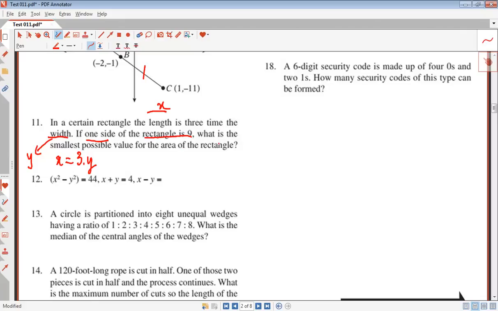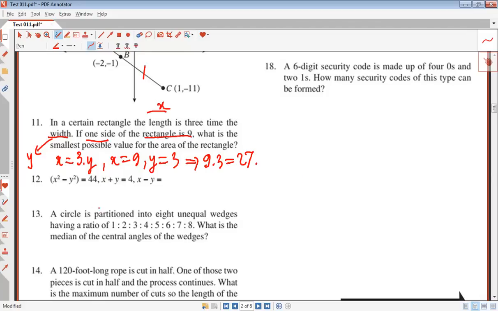But here we have the smallest possible value of the area. So we will choose the number 9 for y. Hence we have x equal 9, y equal 3, and the smallest possible value for the area of the rectangle is 9 times 3, it is 27.